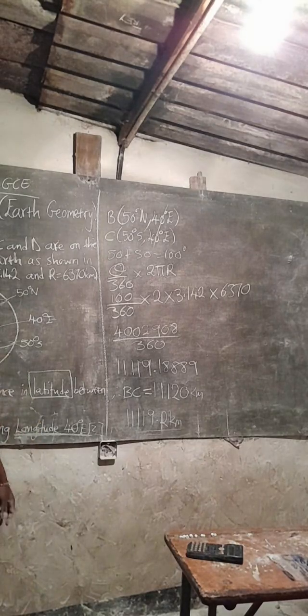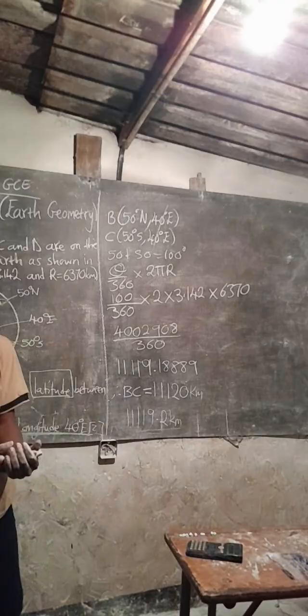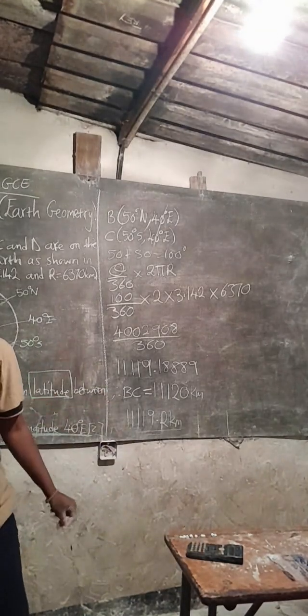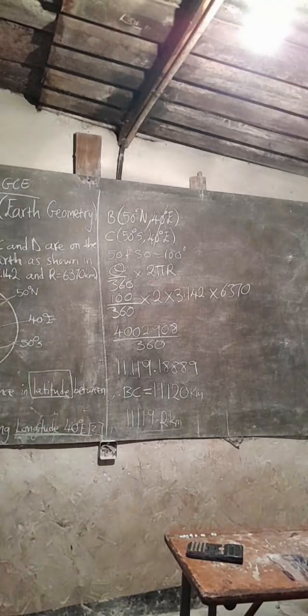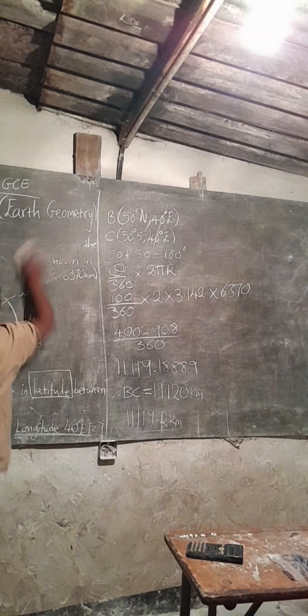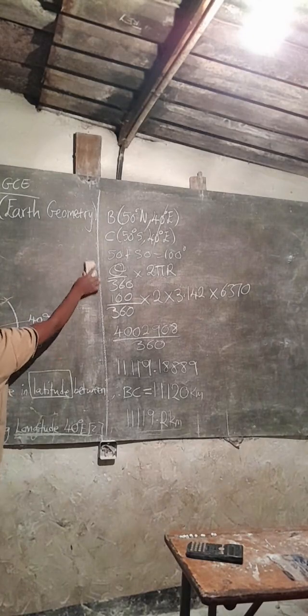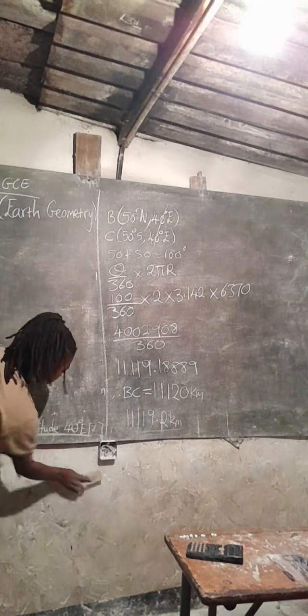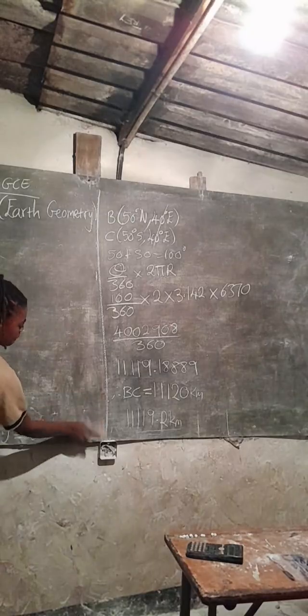Any other question? We look at another exam question. I'm sure we're done with that one. So let's look at another exam question involving calculation of distance along the great circles. Along the great circles, the formula is theta over 360 times 2 pi r. You find the difference in the latitude, which you substitute for theta.